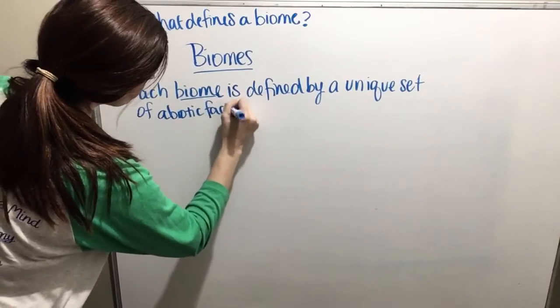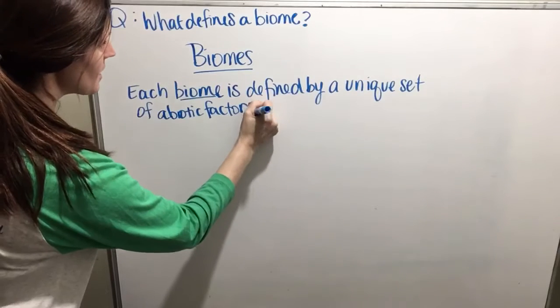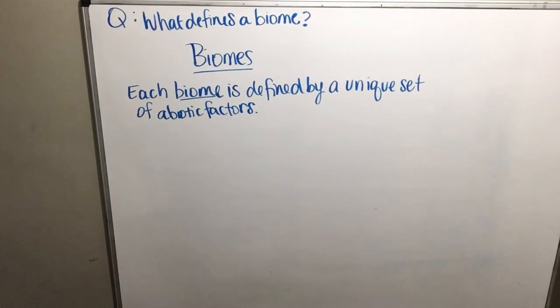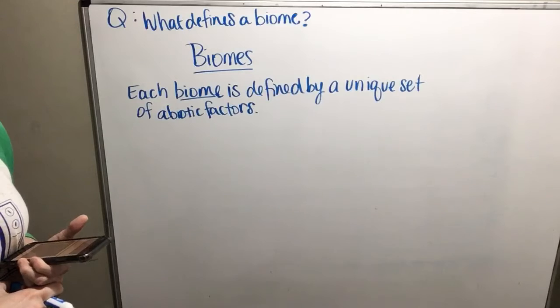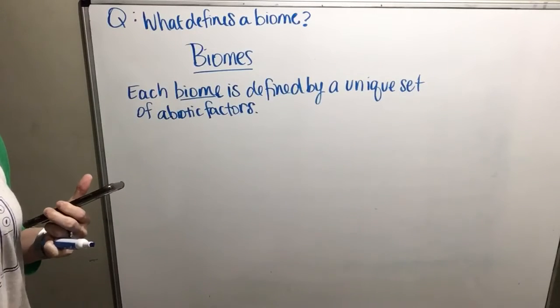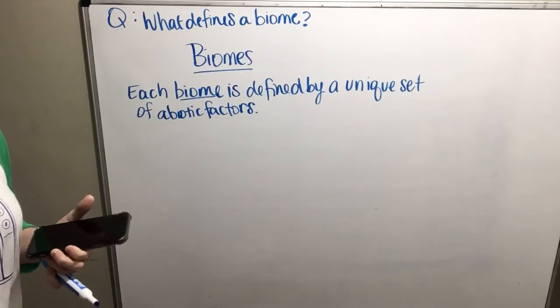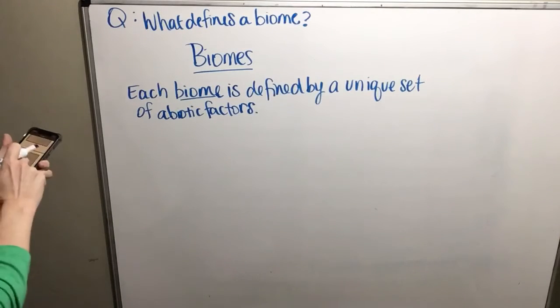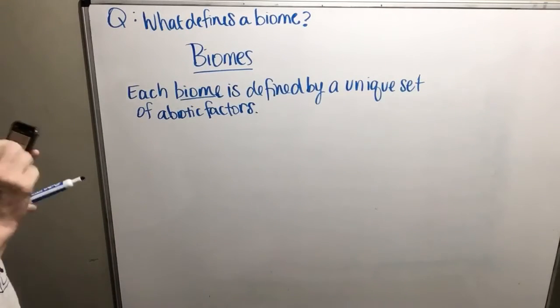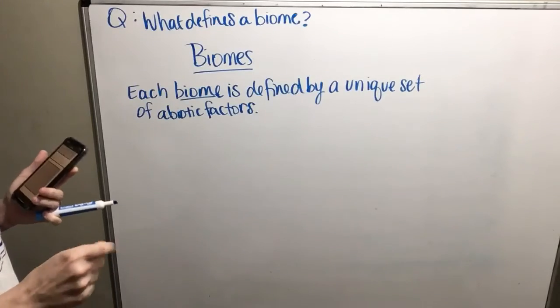Remember, abiotic factors are the non-living factors. So the things like temperature, soil, geography, wind speed, how windy it is, how dry it is, so humidity, that kind of stuff. Those are the abiotic factors. So each biome is defined by a unique set of those.